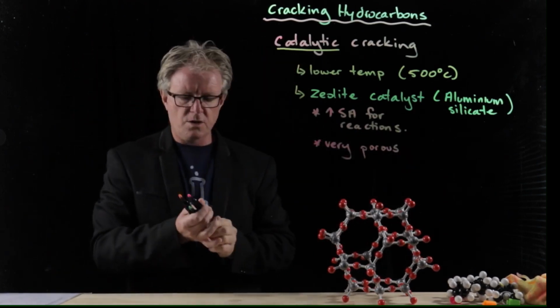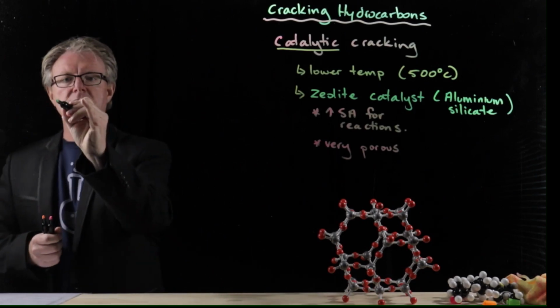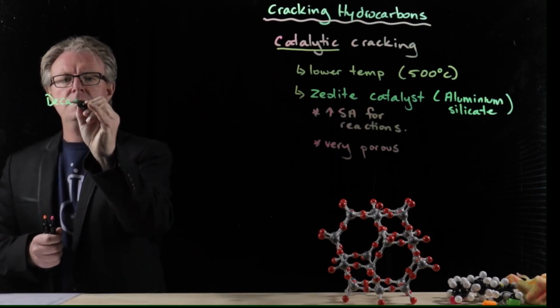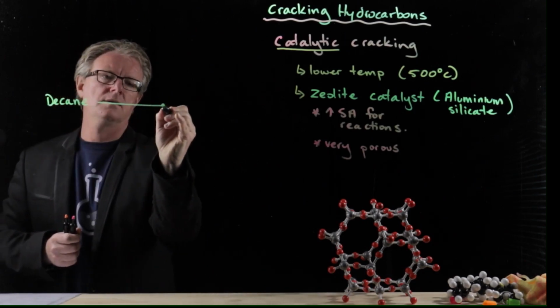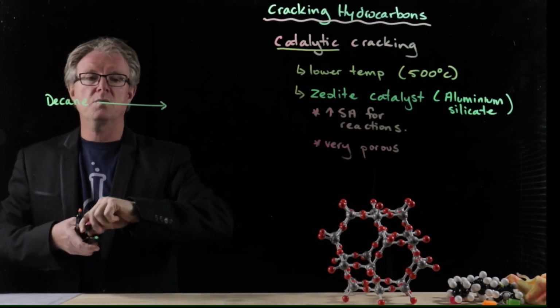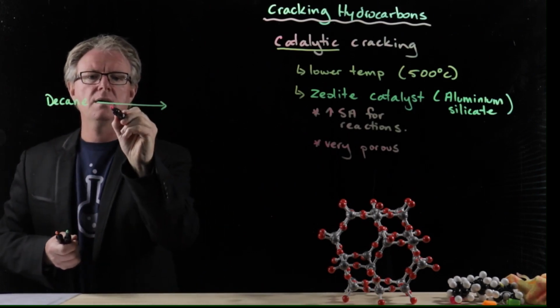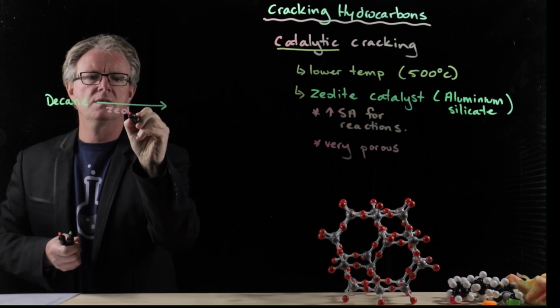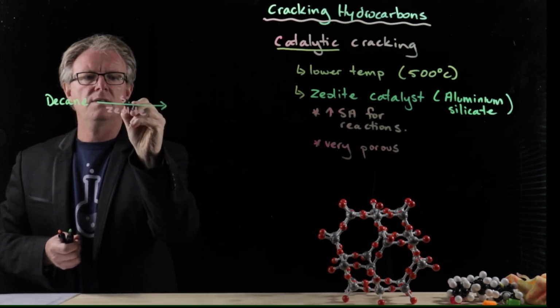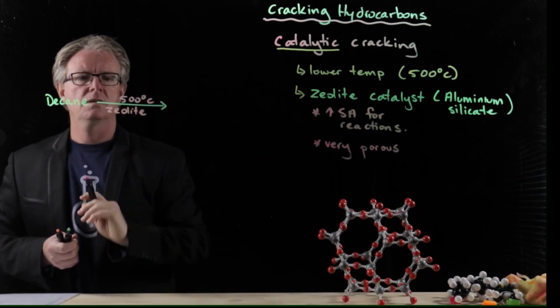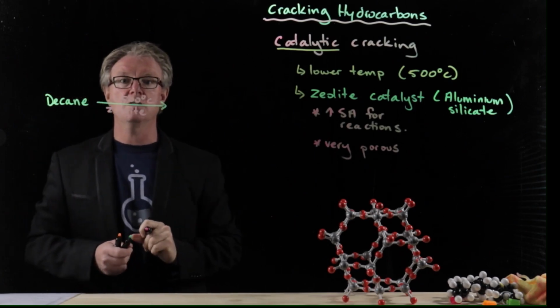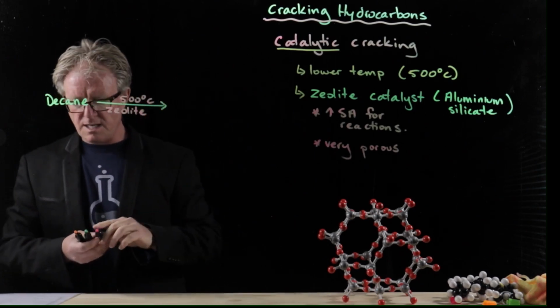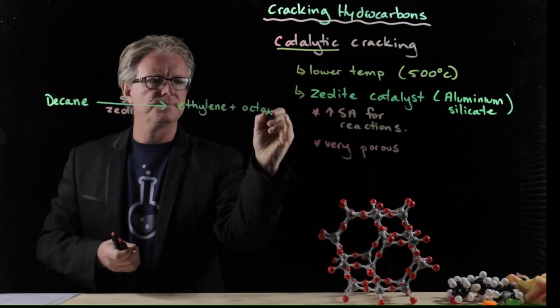Okay, now let's write an equation down. So if we're, let's say, looking at decane, and when we write this, we want to show that it's catalytic cracking by putting zeolite and the temperature. So they're the reaction conditions that you put on the arrow there. And that makes ethylene and octane.